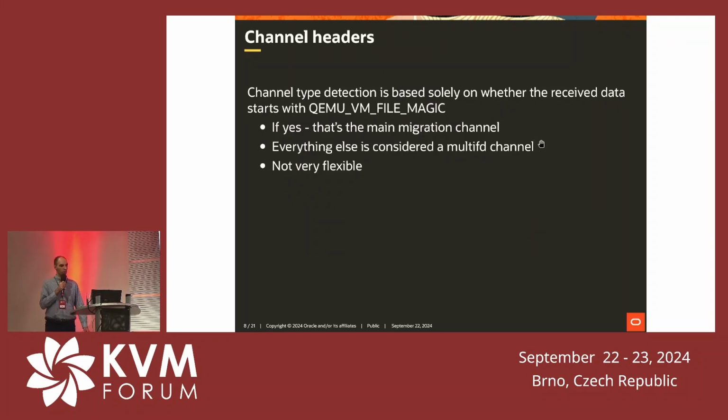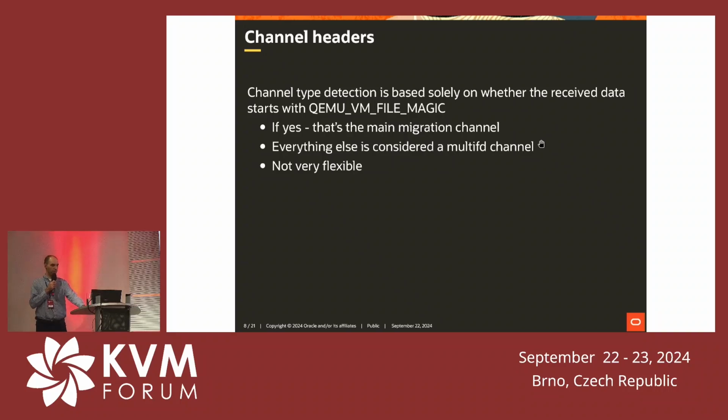Currently, how QEMU decides what kind of channel it receives is based on a heuristic using the early data read from the channel. If it matches some magic number, then it's the main migration channel; if not, then it's the multifd channel. That's obviously not very flexible.